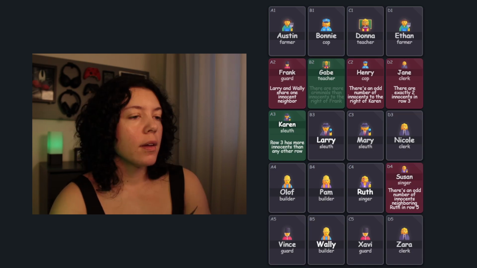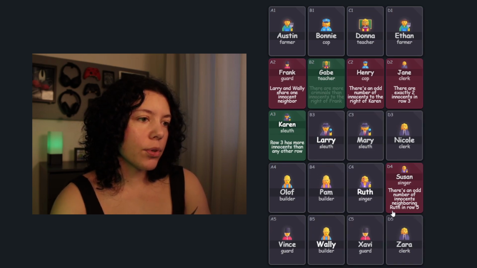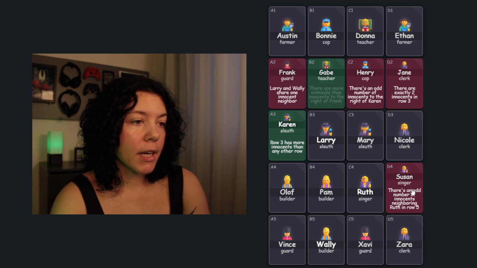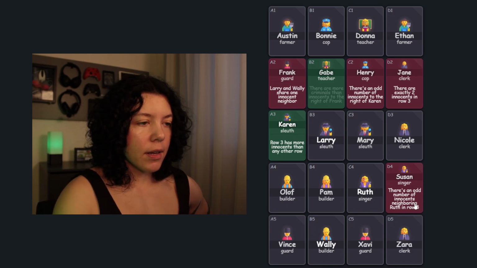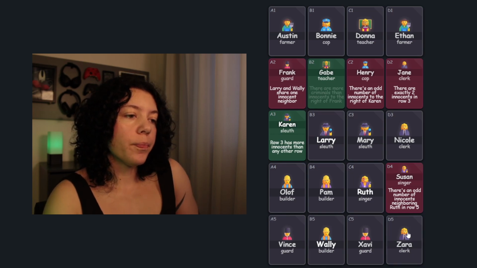Nice. So Susan's telling us there's an odd number of innocents neighboring the Ruth in row 5. Ruth has 8 neighbors total, and in row 5 she has 3. And, well, we know there's 1 innocent here. There couldn't be 3, because the only possible odd numbers of neighbors that Ruth could have in row 5 would be 1 or 3.